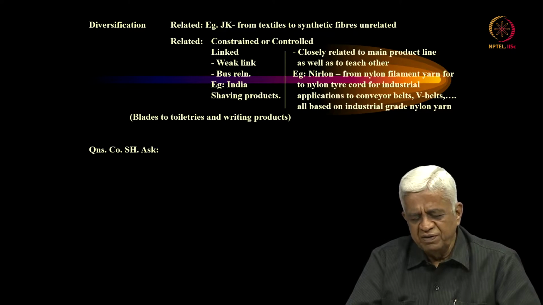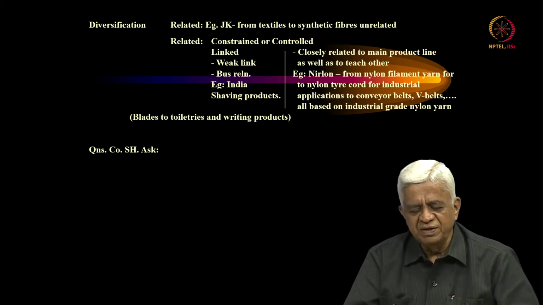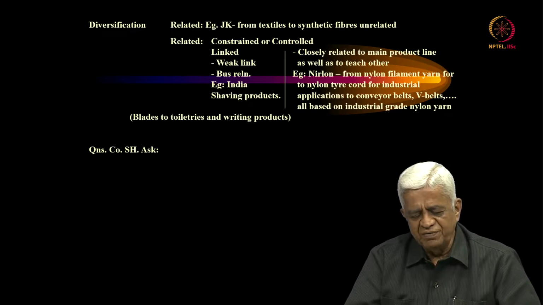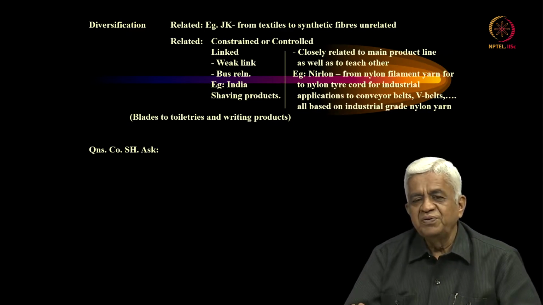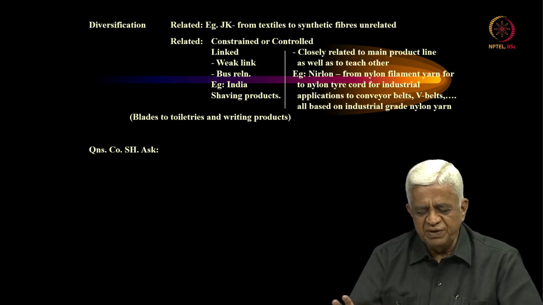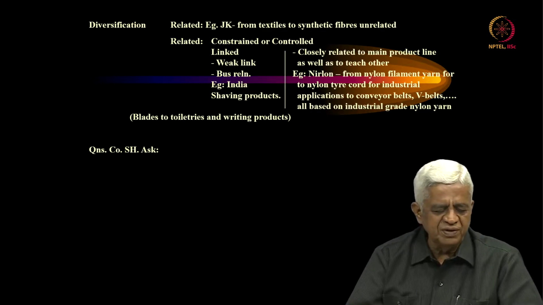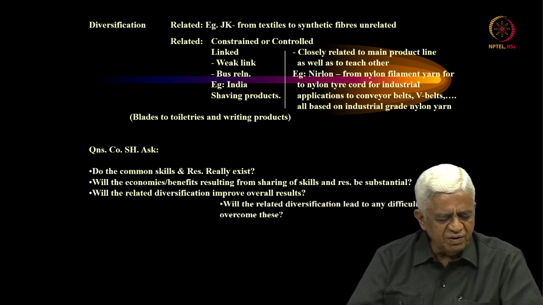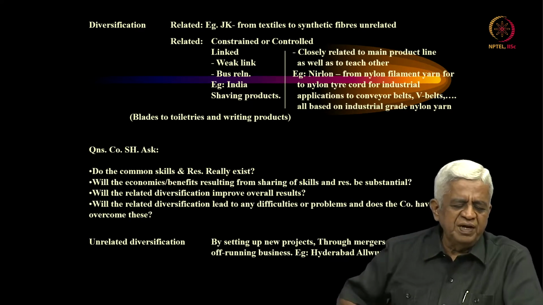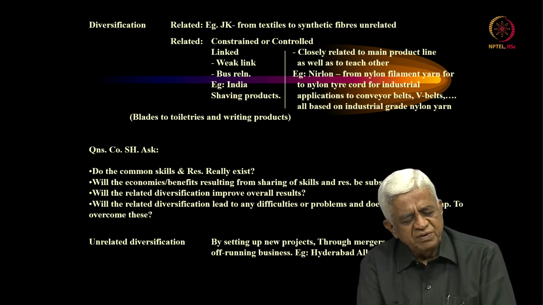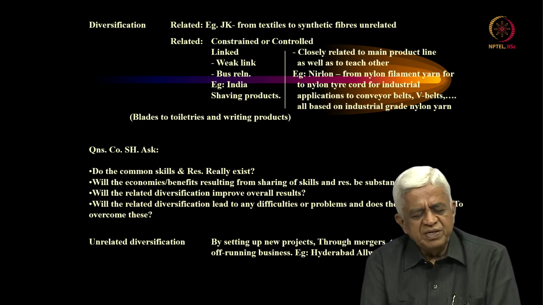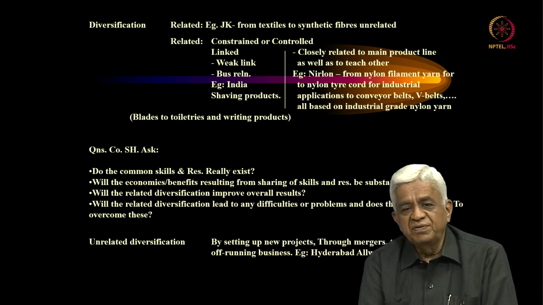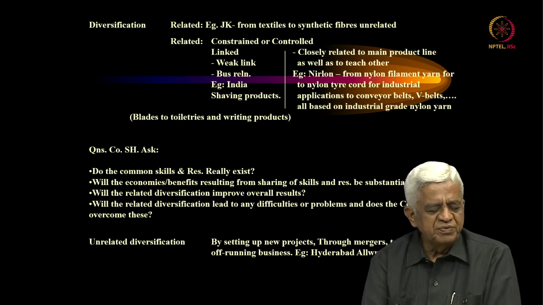Example, nylon, from nylon filament yarn for nylon tire cord for industrial applications to conveyor belts, V-belts, all based on industrial grade nylon yarn. So, blades to toiletries and writing products, sometimes constrained controlled application. But when you are doing all this, that is whether you are going in from blades to toiletries, these India Shaving Products went into writing products also, that is gum, all those types of things.